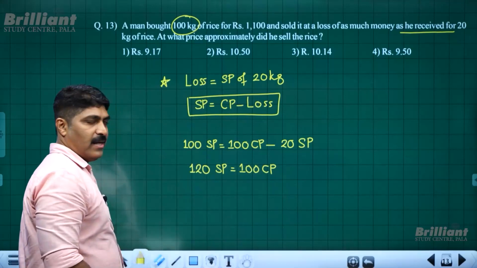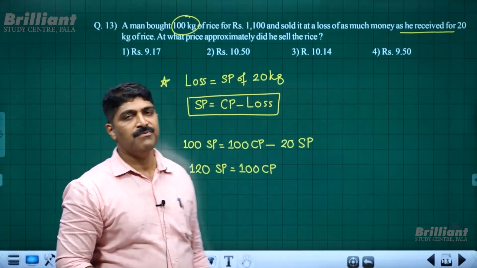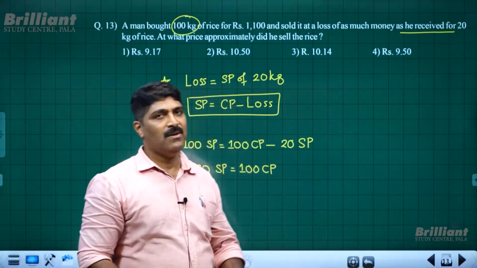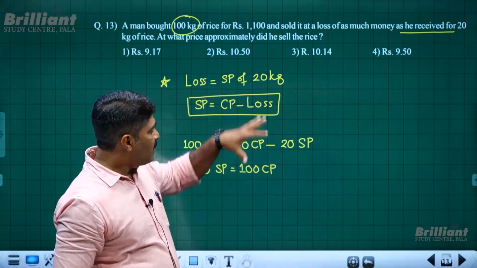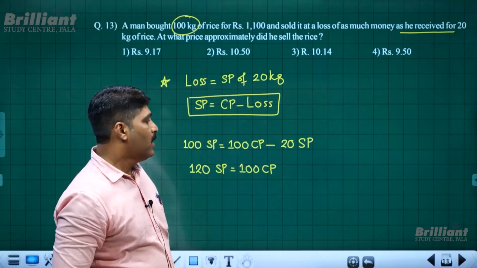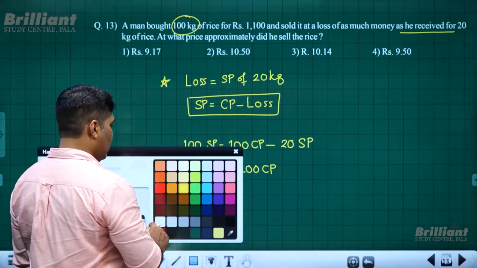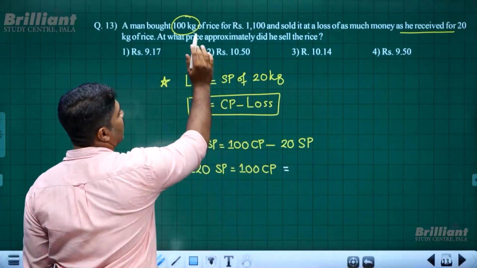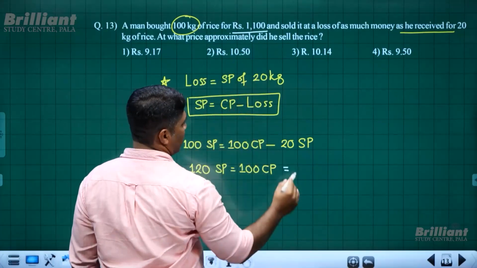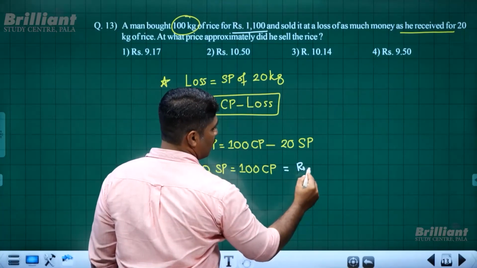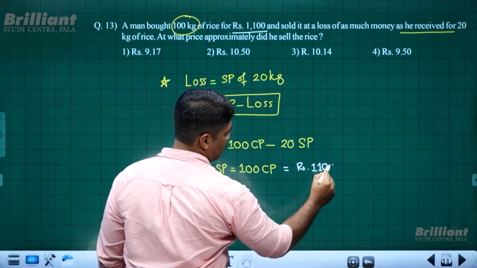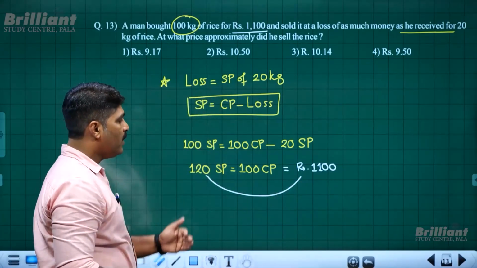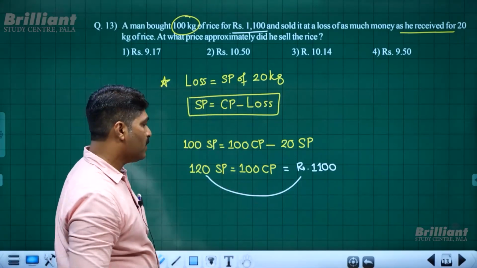This question is not related to the percentage of profit or loss. Instead, we have to find out what the selling price per kilogram will be for keeping this kind of status. It is given that the cost price of 100 kilogram is 1100. So compare these two concepts together. That is, 120 kilogram selling price is equal to 1100.